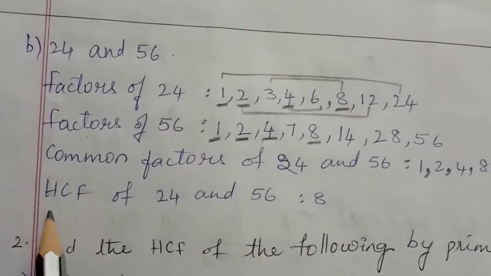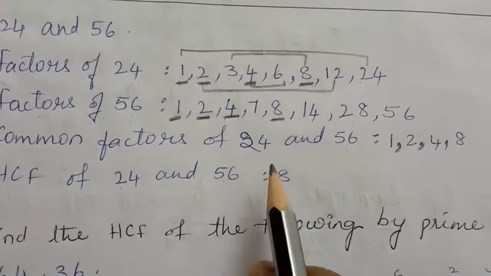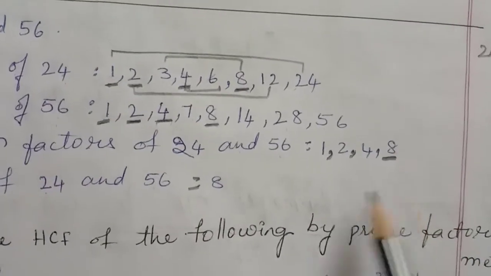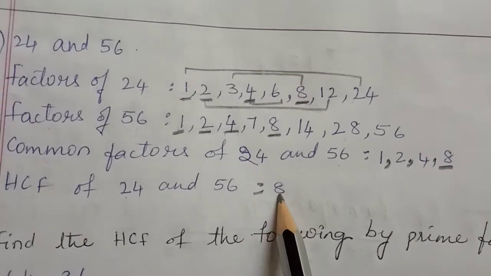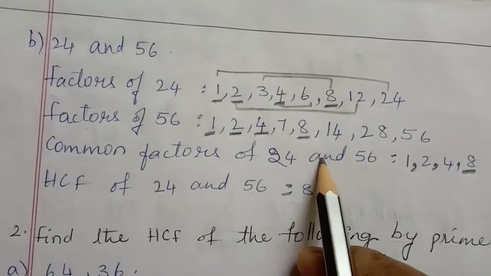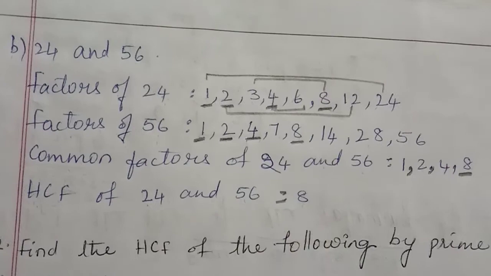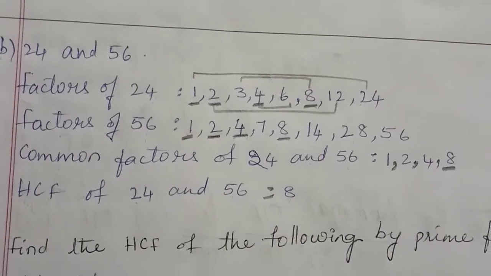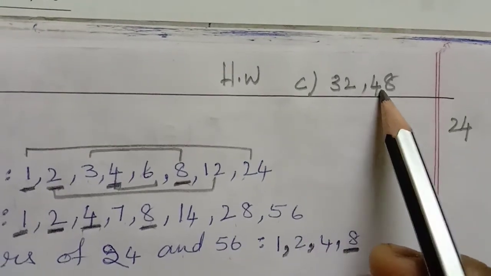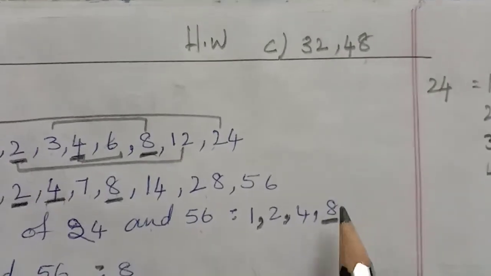Our final answer, HCF of 24 and 56 is equal to 8. Whichever is the highest, that is our answer. Highest common factor. Among the common factors, what is the highest? It is 8. This is your first model, children. Now, children, see 32, 48. These two numbers you need to find out using the factors.